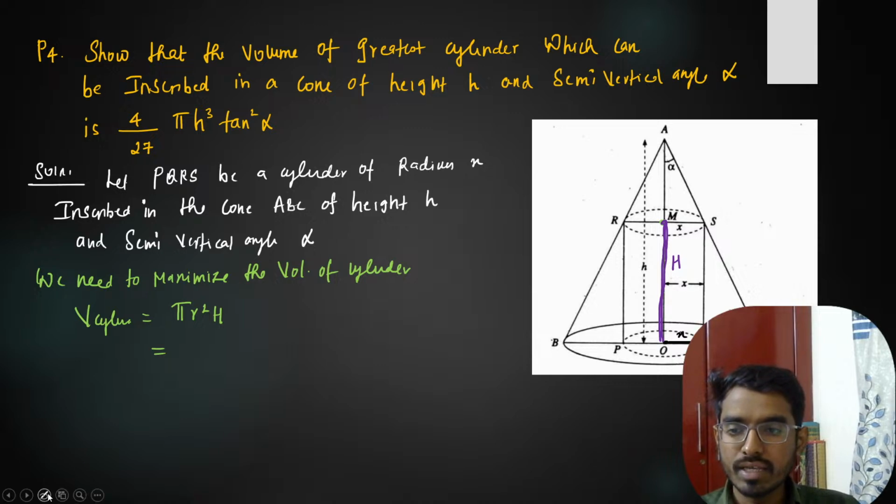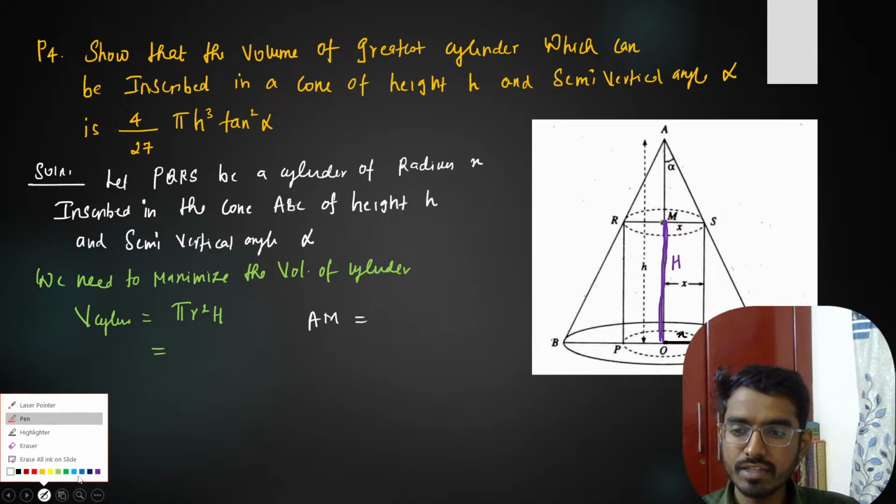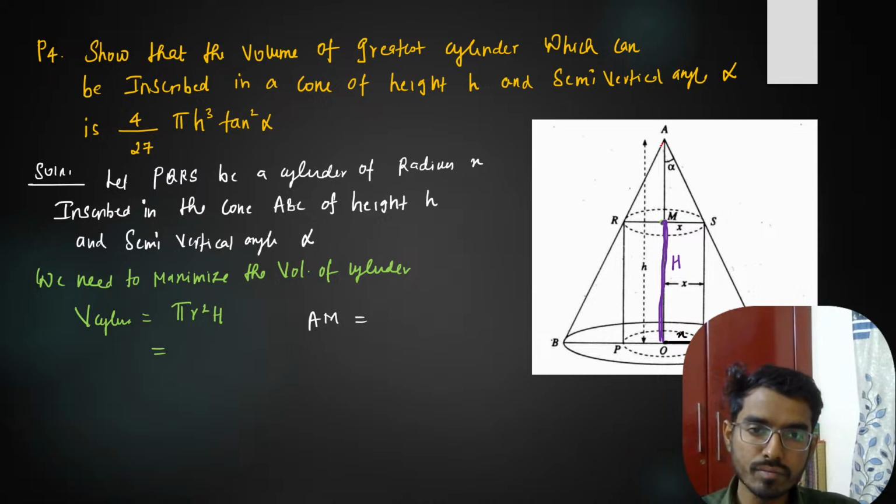Now, how to find this capital H? We don't know capital H, but I can find it. What is AM actually? You consider this right angle triangle. This is x, the radius of the cylinder.